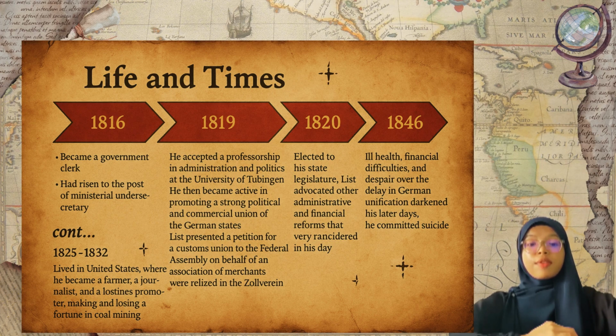Between 1825 and 1832, he lived in the United States, where he worked as a farmer, journalist, and promoter, but also faced financial struggles. Finally, in 1846, plagued by poor health, money problems, and disappointment over Germany's slow unification, he tragically ended his own life. His legacy, however, lived on in economic thought.